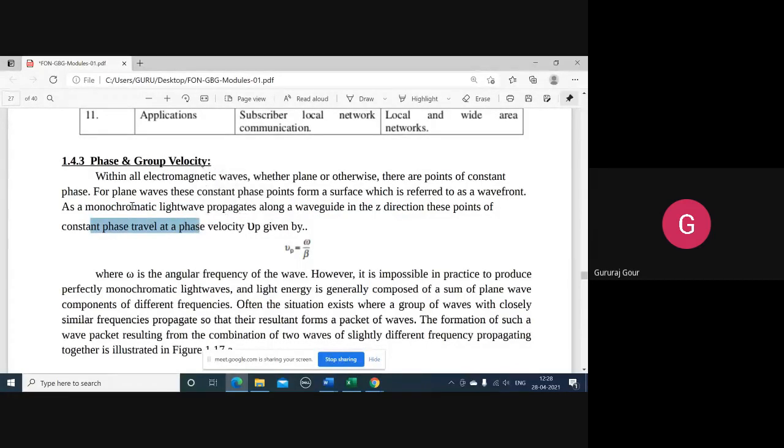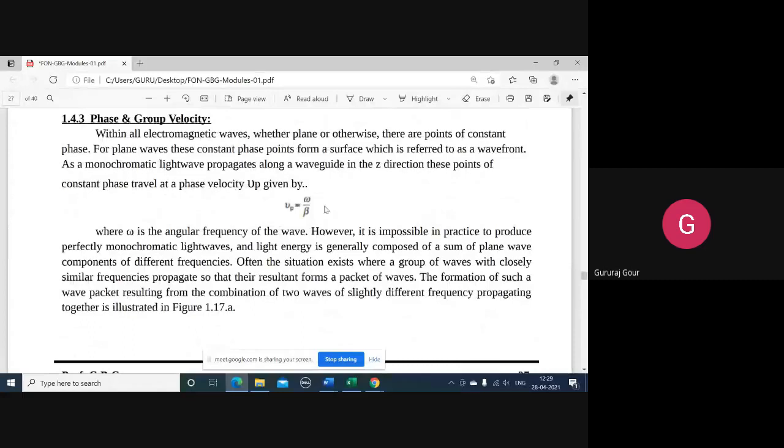So single, he is telling monochromatic light wave. Monochromatic means single light ray. And he is now telling that it is traveling with the phase velocity Vp, that is indicated by omega by beta: angular frequency divided by the phase constant beta. It is impossible in practice to produce a perfectly monochromatic wave.